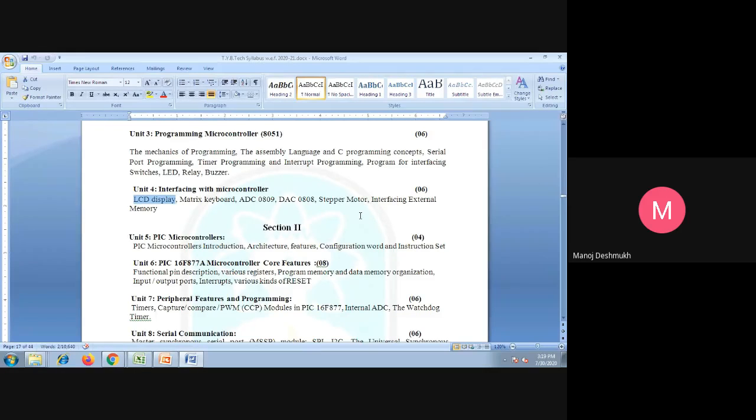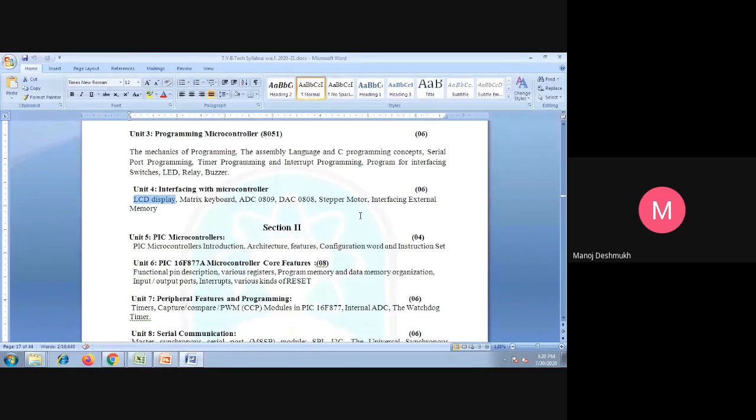So the second objective is to know about interfacing of output devices. Here there are two conditions only: the first is knowing the input devices, and the second is knowing the output devices. To know about interfacing of output devices, mention LCD, that is display, and after that motor.